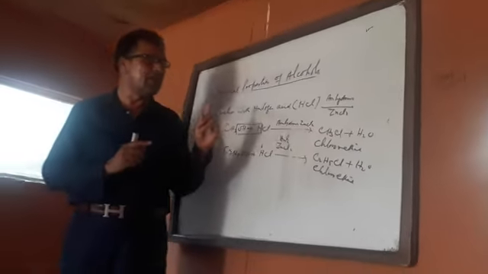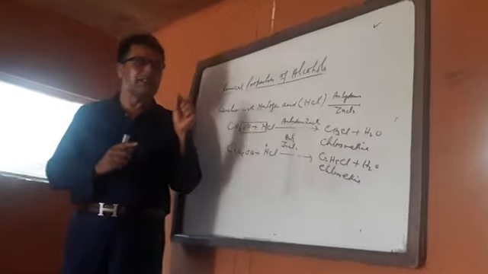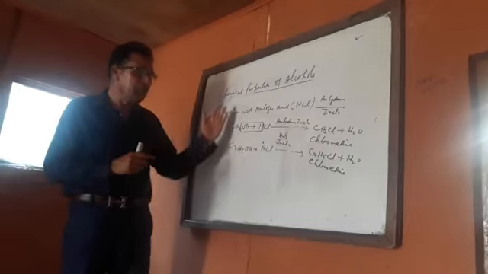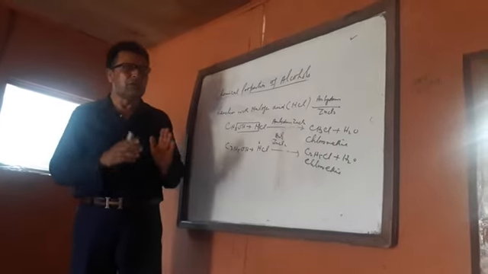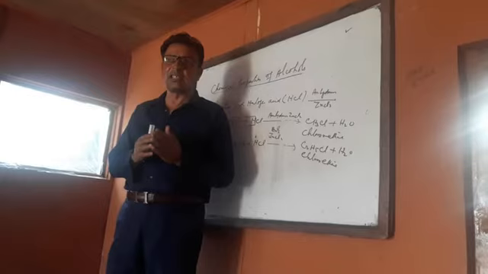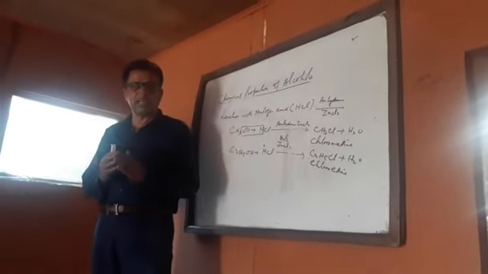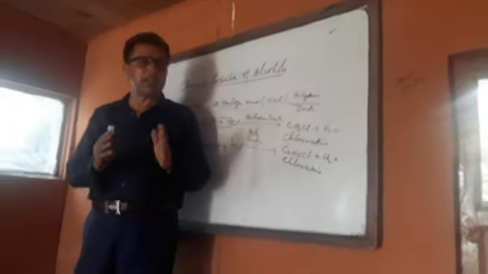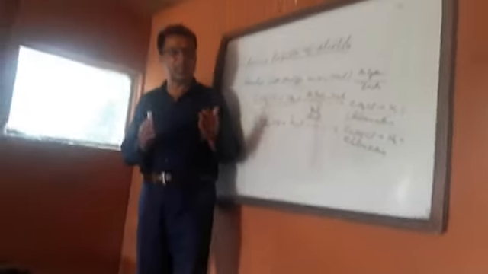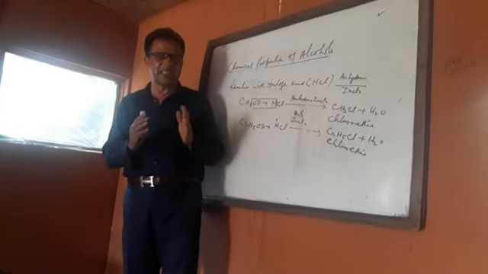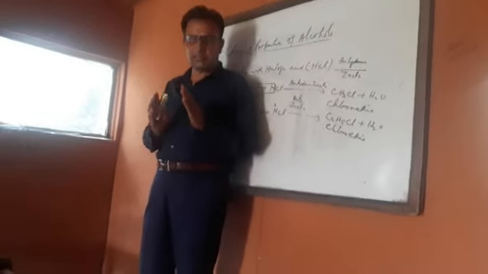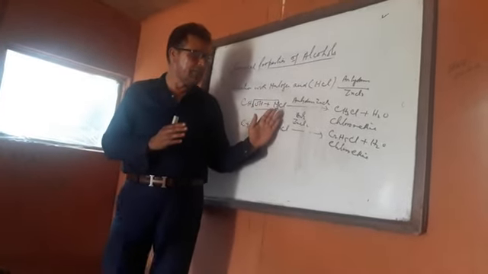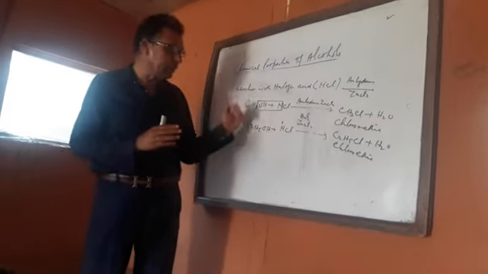This concentrated sulfuric acid acts as a dehydrating agent as well as a catalyst. तो एग्जाम्पल्स मैंने आपको लिखी, रिएक्शंस भी लिखी. तो उसके बाद एसिड क्लोराइड्स एंड एसिड एनहाइड्राइड्स, alcohols react with the acid chlorides and acid anhydrides in the presence of pyridine as a catalyst to form corresponding esters. This reaction is also known as acylation. This is the end of the topic today, and the rest of the properties will be studied tomorrow.